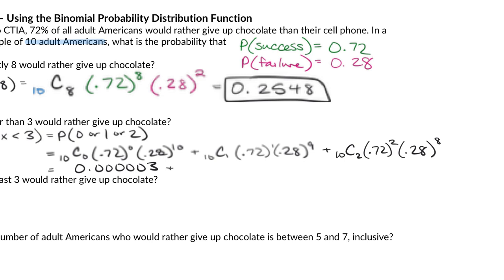The second one, 10 choose 1 times 0.72 to the first times 0.28 to the 9th, is 0.000076. And then the next one, 0.000881. When you add those together, you get 0.00096.